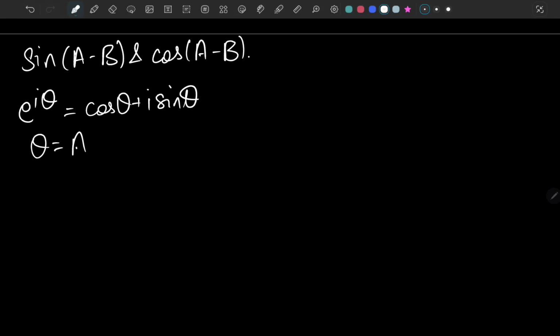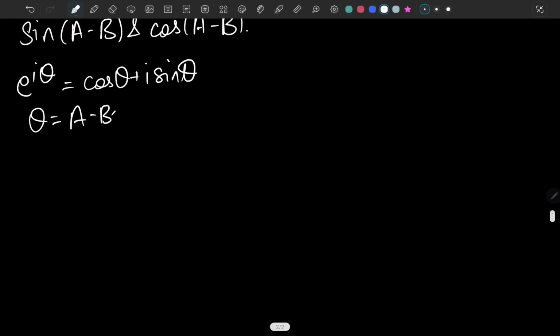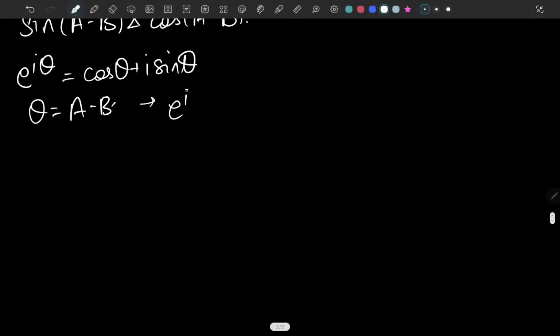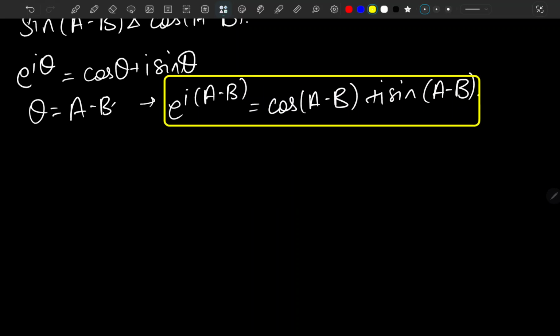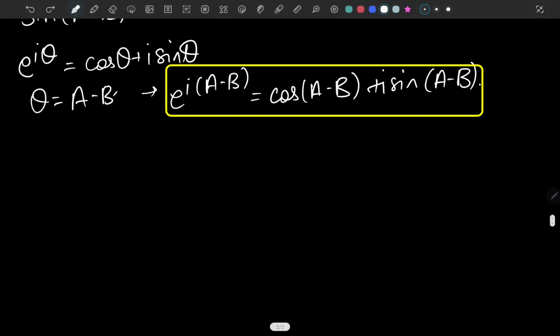Replacing theta with a minus b, e to the I of a minus b comes out to be cosine of a minus b plus I times sine of a minus b. Let's assume this as our first equation, as we did in the previous proof.